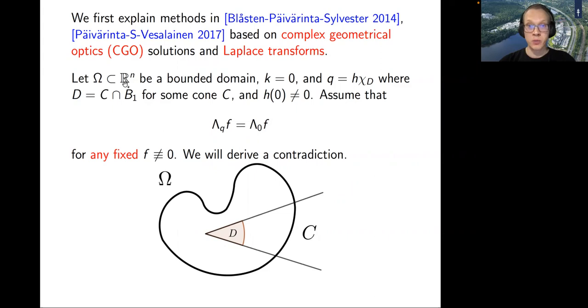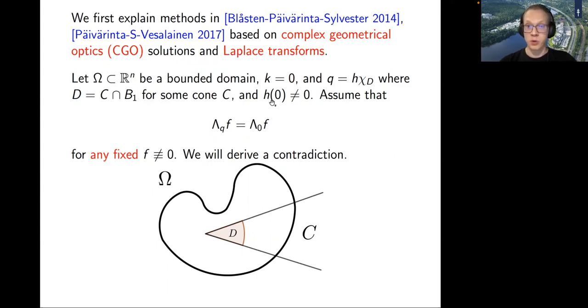So Ω is a bounded domain. For simplicity, let's assume the frequency k is 0, and the potential q is equal to h times χ_D, where now this D has a special form. D is the intersection of a cone and the unit ball. So you have a picture like this. Your D here is this colored thing, and then you have a corner singularity. This C will be the full one-sided cone.